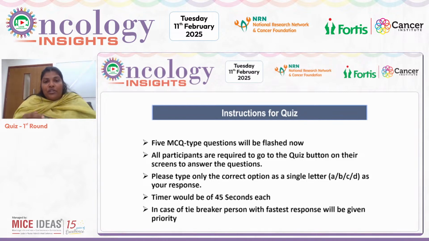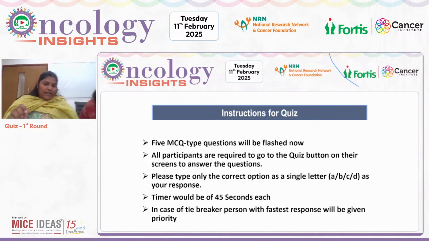You have to choose the correct answer out of A, B, C, D, and each question will be for 45 seconds. First preference will be given mainly to non-oncologists who answer very fast. In case of a tiebreaker, whoever answers the question faster will be selected as the winner.